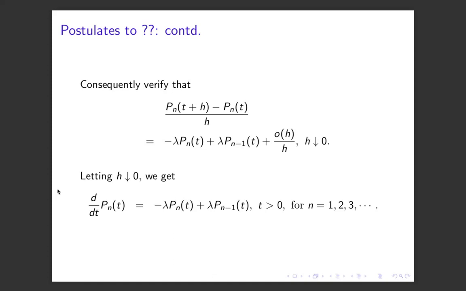So the derivative of P_n at t is minus lambda times P_n(t) plus lambda times P_{n-1}(t), for any t positive and n varying over 1, 2, 3, etc. So please note it.